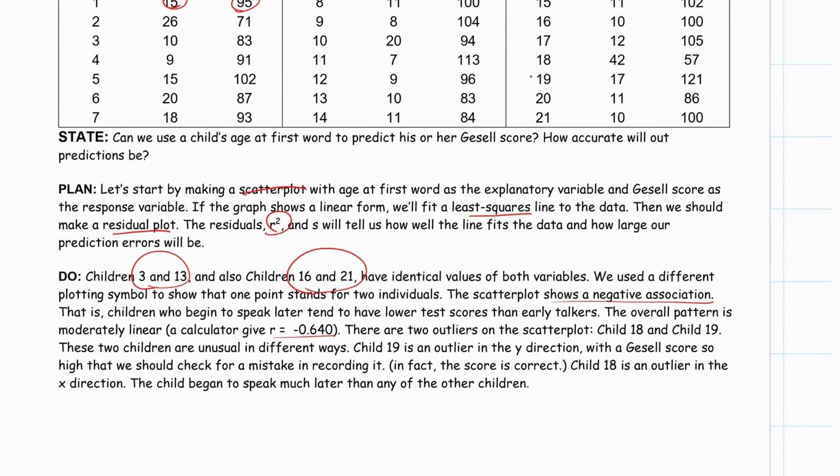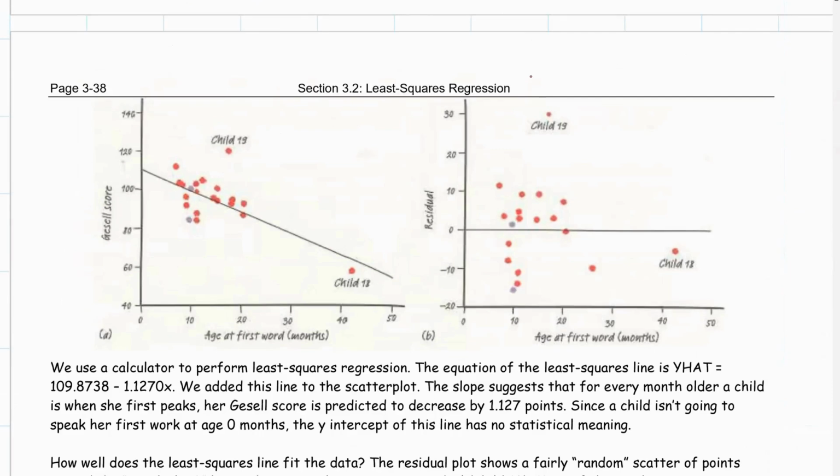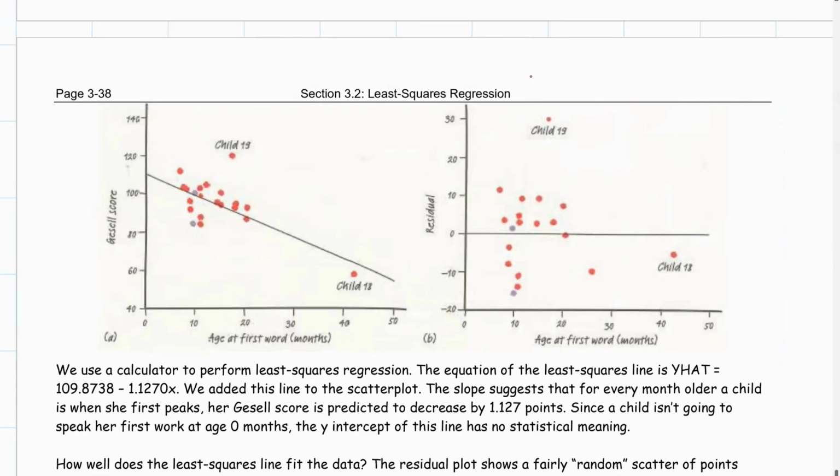But let's take a look at a couple of outlying children. Here's our scatter plot of our original data. Child number 19 seems unusual. It has a large residual because it's so far away from the prediction line. Child 18 is close to the prediction line, but far away from the rest of the data.